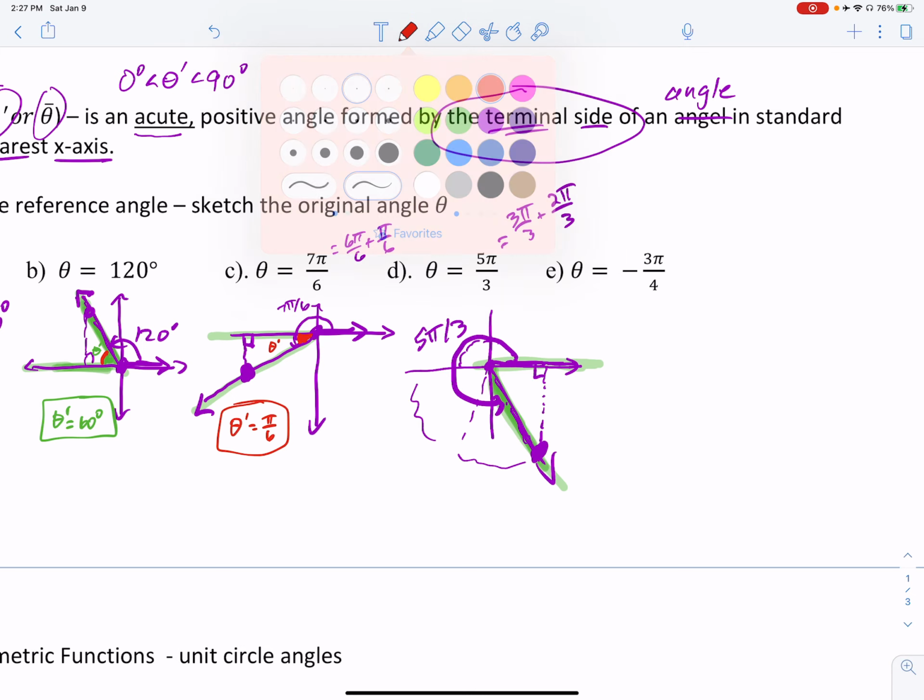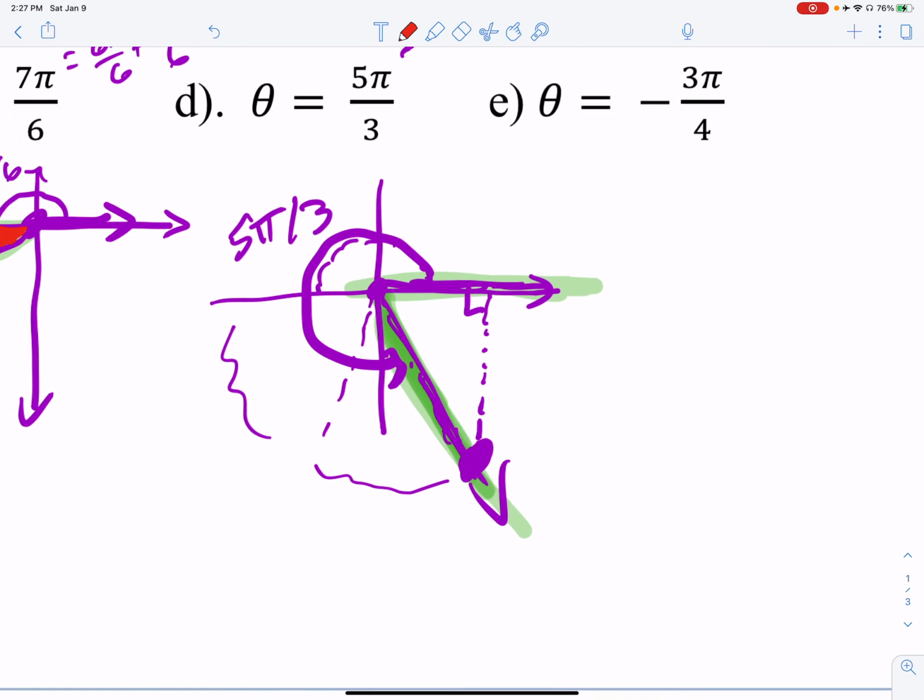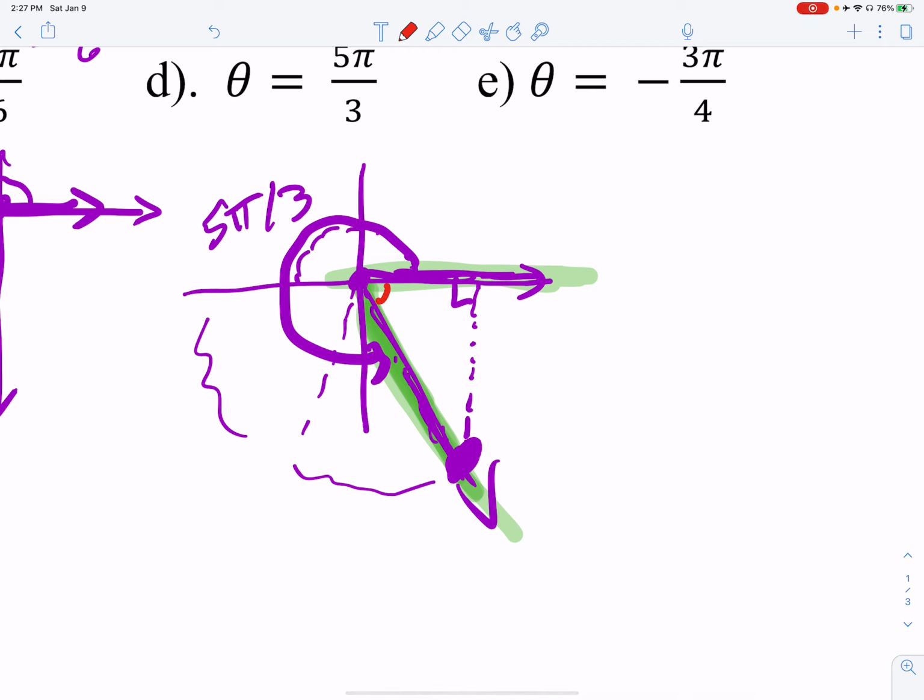And so that angle formed by the closest x-axis and the terminal side is this angle right here. So this is your theta prime. And so you have to figure out how far am I when I do a rotation of 5 pi thirds. What would it take to get to 2 pi? And it would take an additional 1 pi third to get a full rotation. So that angle measure is pi thirds.